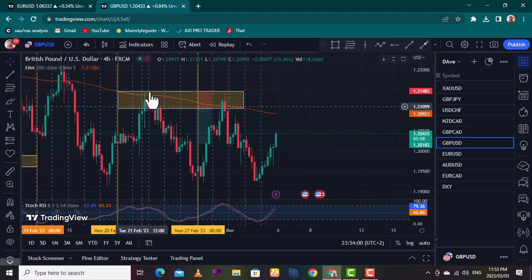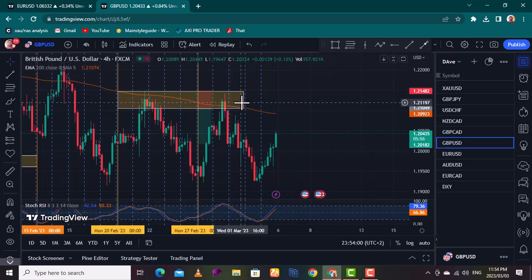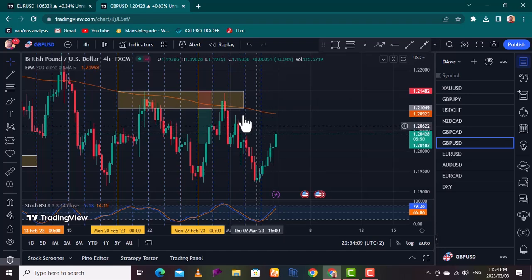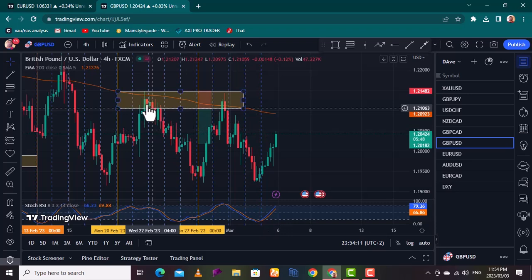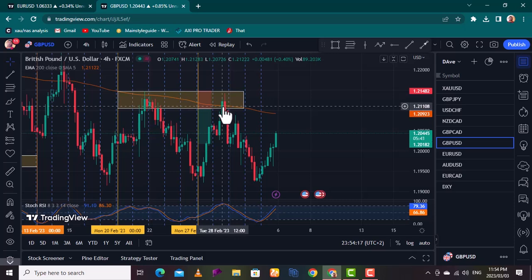So price is at a premium when it gets into my zone, which means it's above the 0.5 fib level. It trades into an order block, and at that time my 200 EMA is in my point of interest, which is ideal.